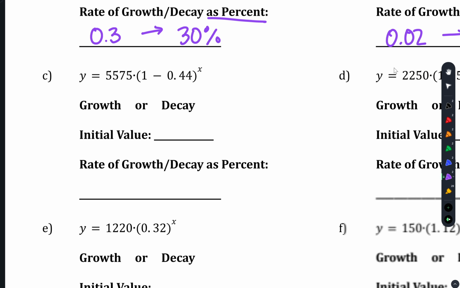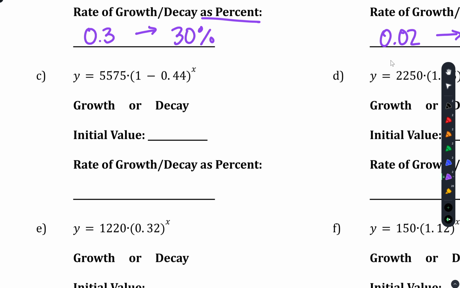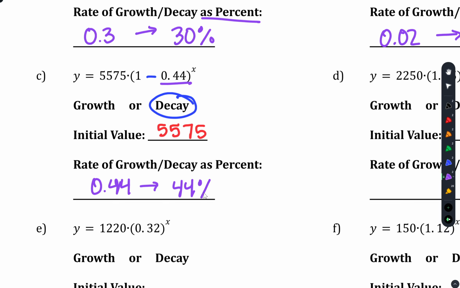Let's do one more, like this. Growth or decay? Decay, it's subtraction here. It's going to be smaller than 1. Initial value. 5,575. And then what is my rate of decay? 44%. I take this number, I transfer it into a percentage.